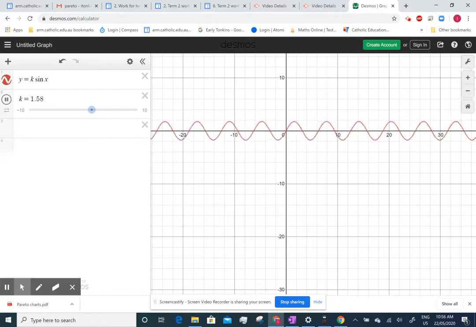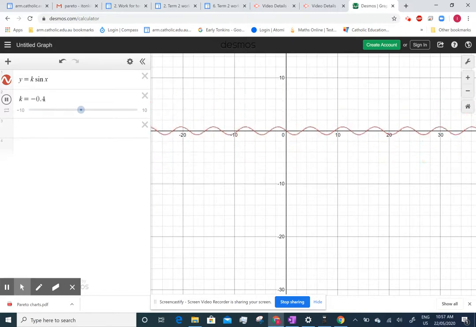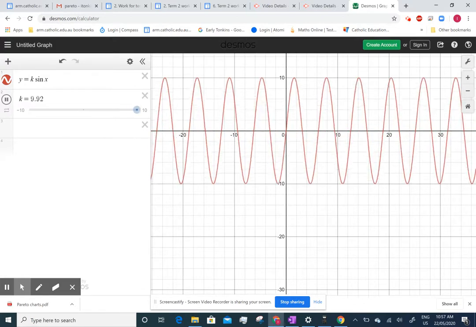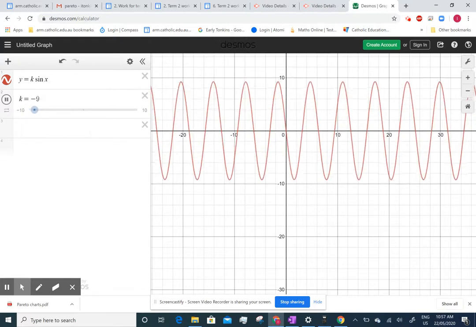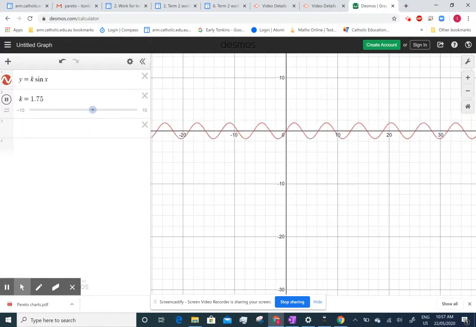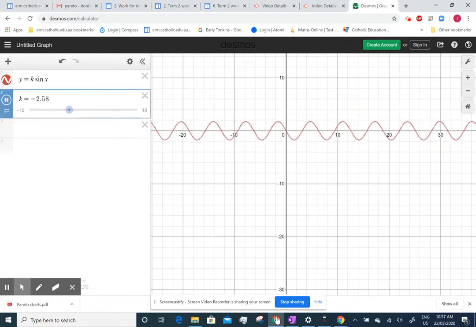Now, it looks to be stretching the curve up and down. Or you could say squashing it like an accordion. So it pushes in and then it pulls it out. So let's just stop it at 2. And move it along to positive 2.